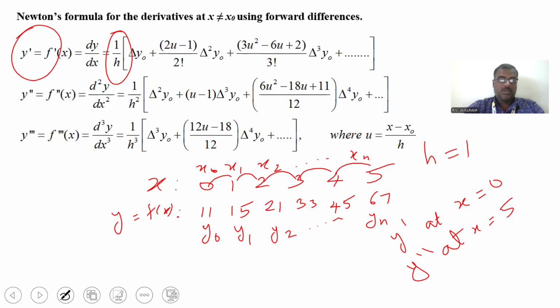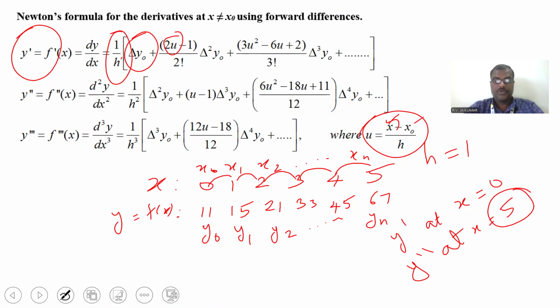Okay, and here what is h? h is the length of the interval, and y naught is the first value of y. What is delta y naught? I'll tell you later. And what is u? u is x minus x naught. Suppose they're asking to identify the value of y dash at x equal to 5. The value of u will be 5 minus x naught. The first value of x is x naught, 0. Right? What is the value of h? h is 1.